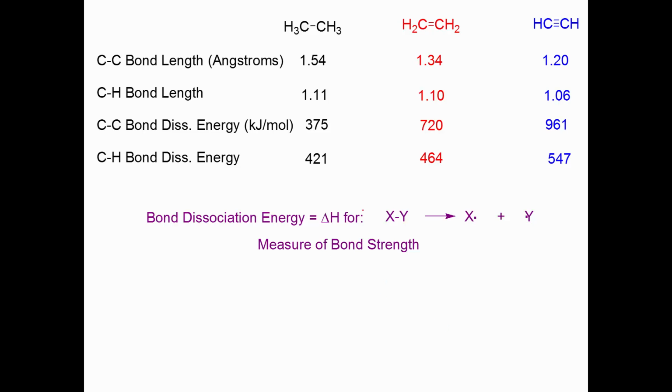Okay, so again, the CC bond length decreases as the degree of bonding increases. 1.54 for the single, 1.34 for the double, 1.2 angstroms for the triple bond.